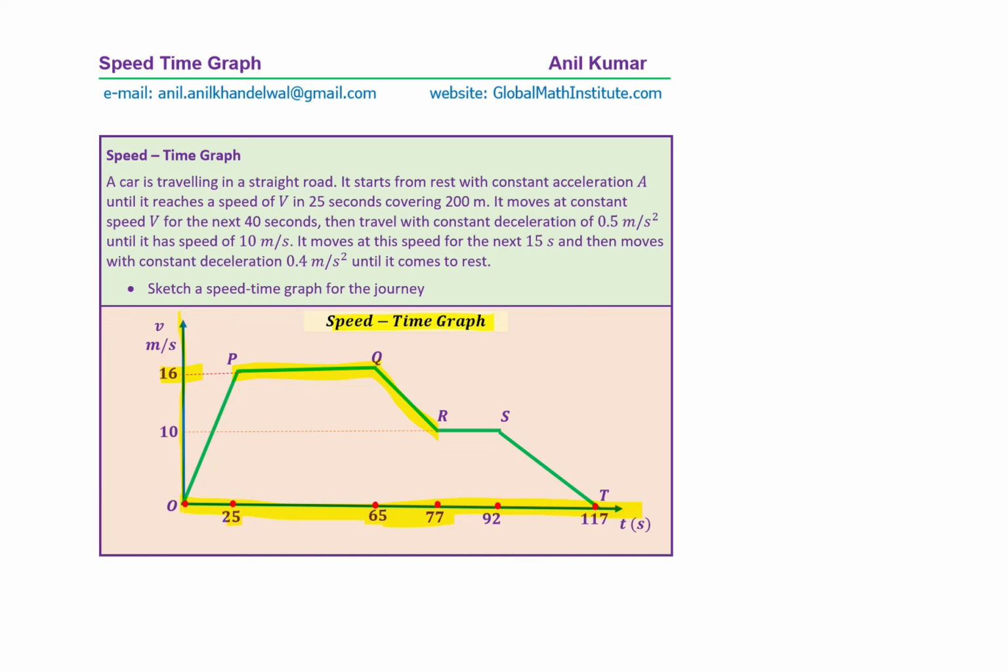So the time was 77, and then this was given to us. We added 15 to get 92. We again calculated time from S to T as this deceleration. Final and initial velocities were given to us, and we added that to 92 to get 117. So the total duration of this journey was 117 seconds, where the velocity is shown in the green line right there.